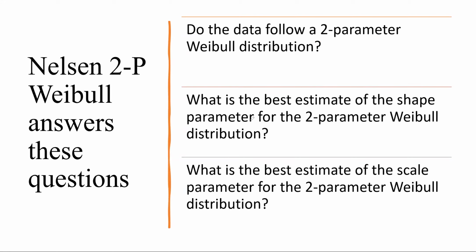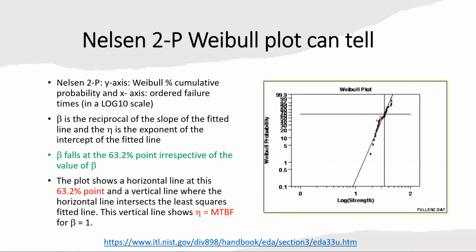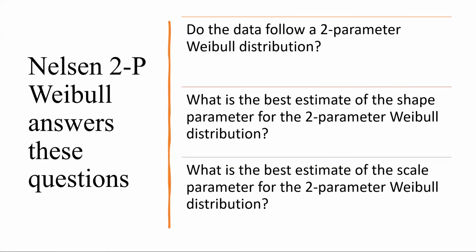And what is the best estimate of the shape parameter? Using this method, you can get your beta and eta quite reasonably well, and he has proven it statistically. This is the best estimate for the scale and the shape parameters.